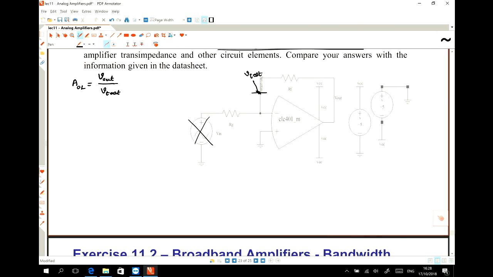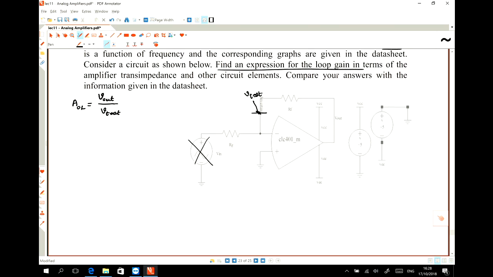Okay. So what I can write down is that from the current feedback amplifier, we know that the V out equals Z of S times I in.